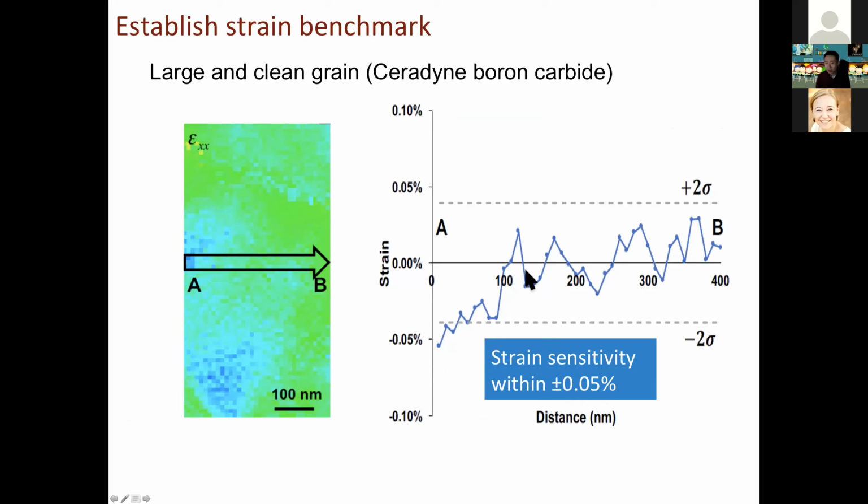So what this tells us is anything within this window here may be just background noise, but anything outside the boundaries, we can be confident it's most likely real strain. Considering the 2 sigma, the strain sensitivity is 0.05%. That's a very, very small amount of strain. That's how sensitive this technique is.